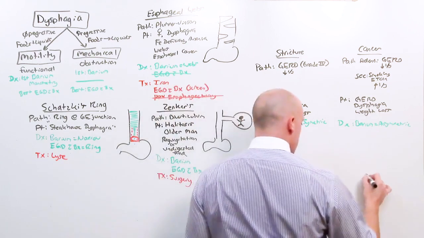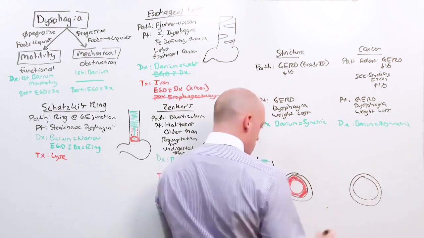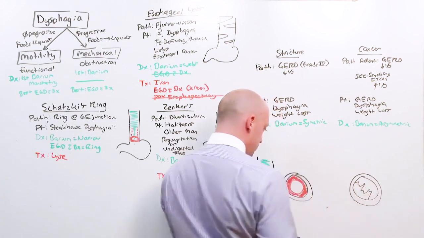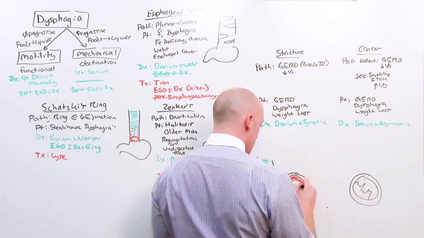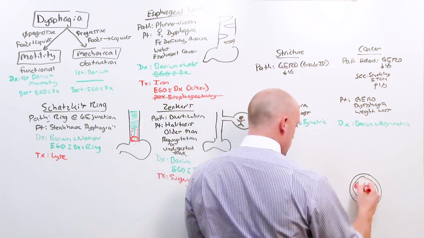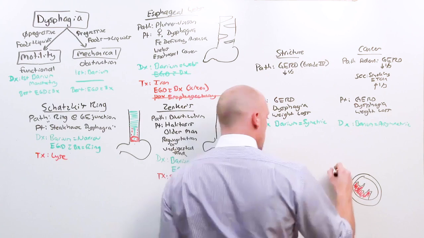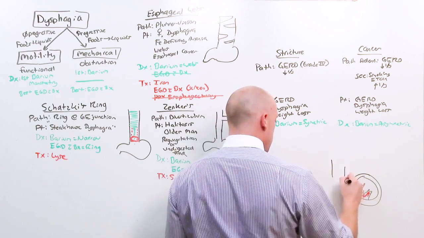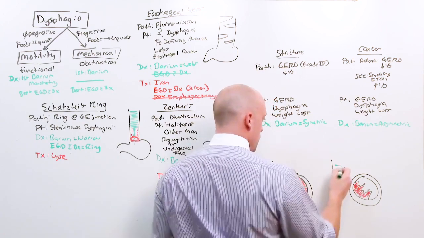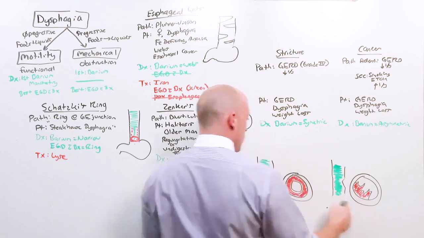Whereas if you have a cancer, you're going to have this fungating mass that comes off from one side. So it won't be clean. And it will be asymmetric.